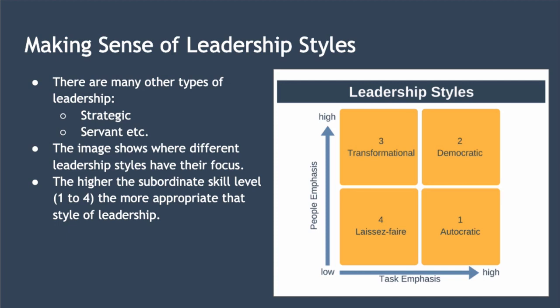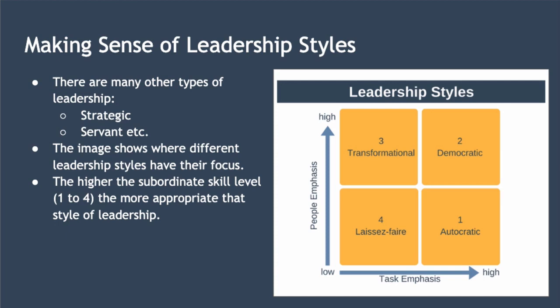Now, the keen-eyed amongst you will have noticed these boxes are labelled 1, 2, 3 and 4, and that is to do with subordinates. Now, the higher the skill level of your subordinates, the higher the box number that will be appropriate as a style of leadership.